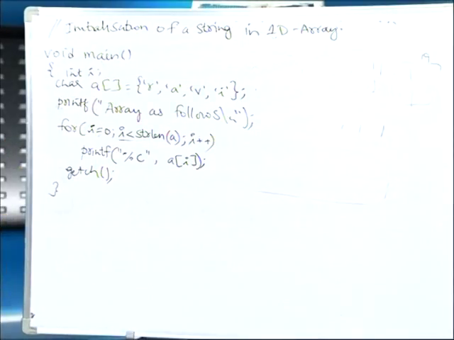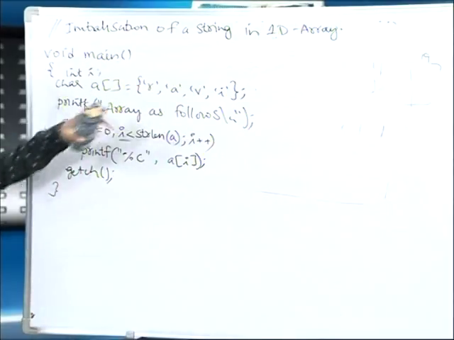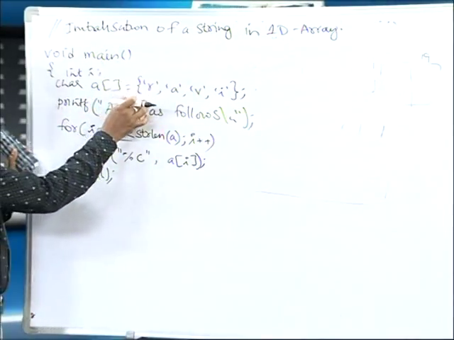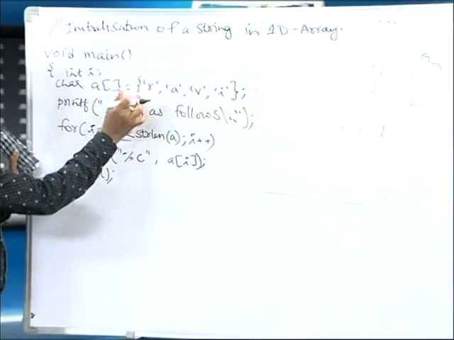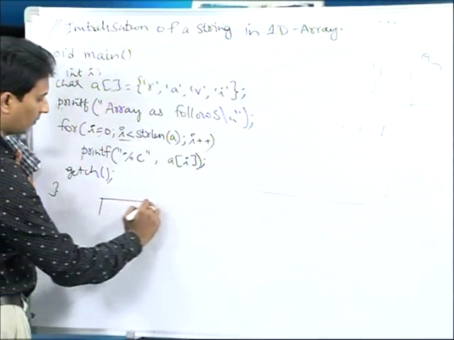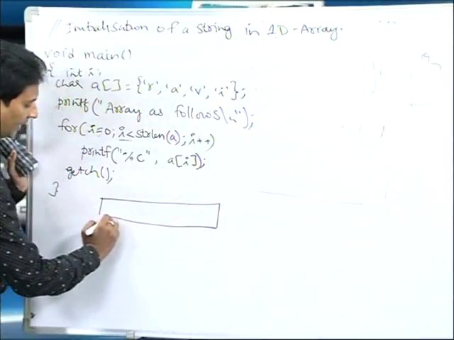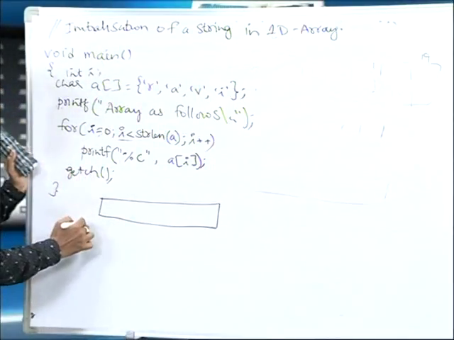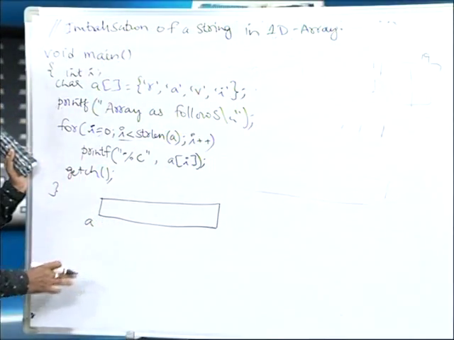So first what happens here: char a of Ravi. Whenever this statement is executed, one array is created, that is a character array.